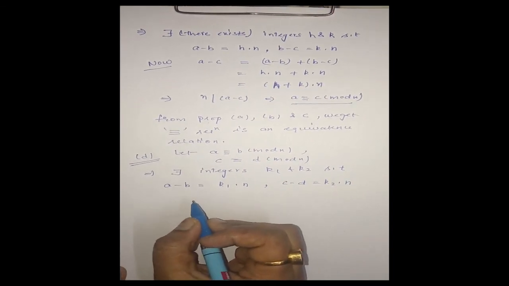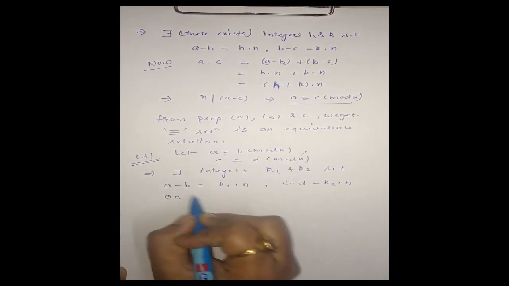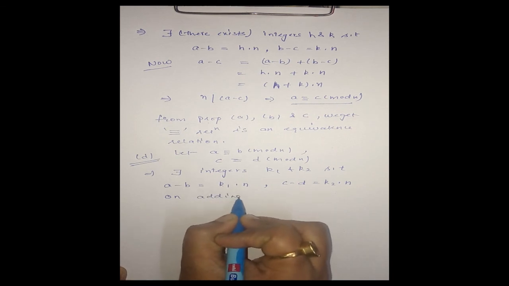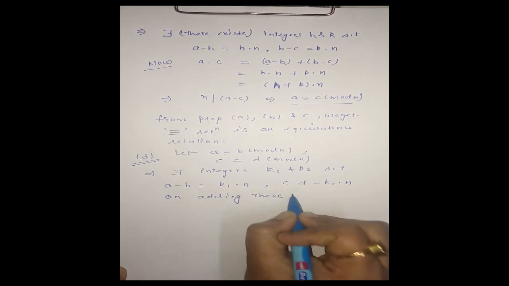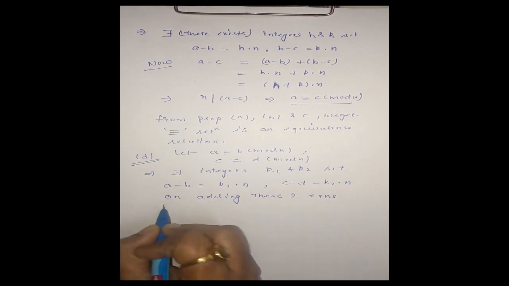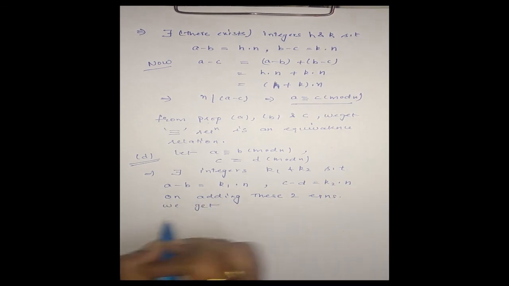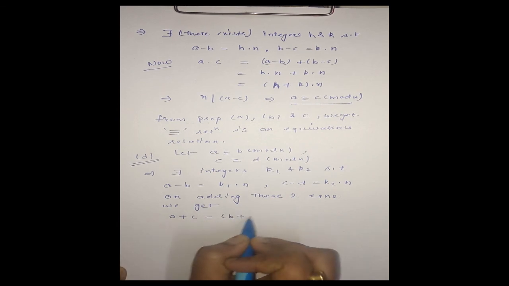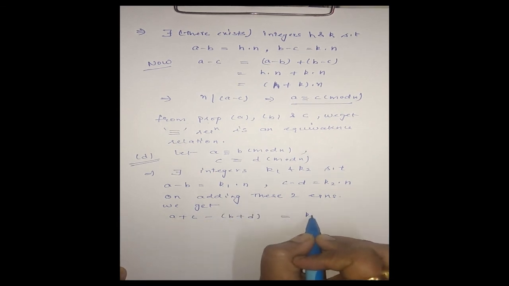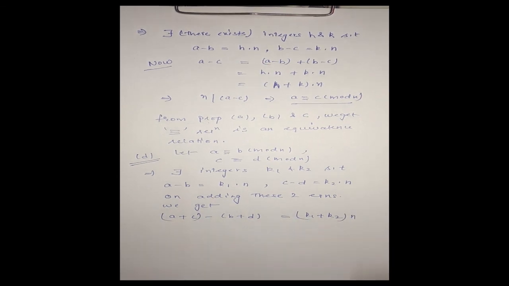Now on adding these two equations we get a plus c minus b plus d is equal to k1 plus k2 into n. Clear?